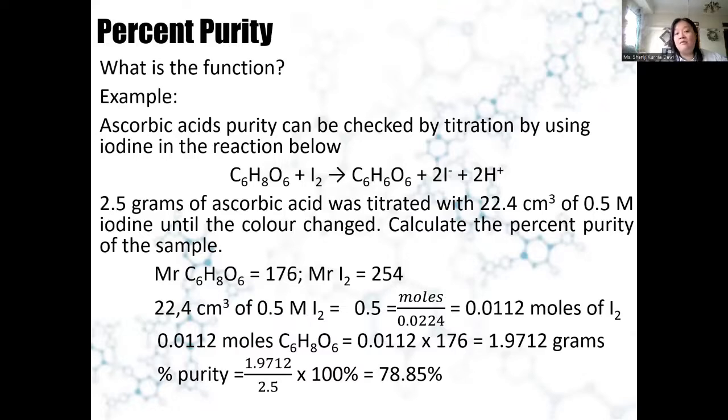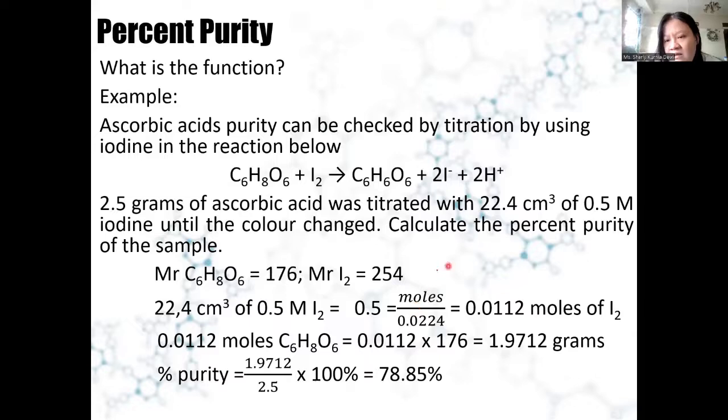Molar is mole per dm3, from the previous concentration subunit.